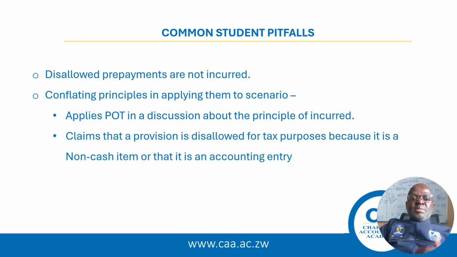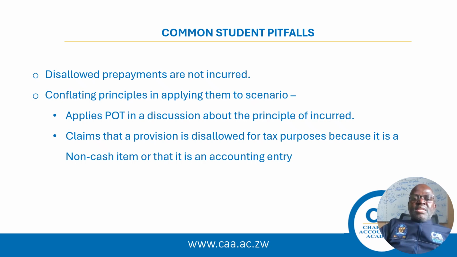You also have claims that a provision is disallowed for tax purposes because it is a non-cash item, such as depreciation. Yes, depreciation is a non-cash item, but that's not a tax principle, whether it is cash or not. The issue is, has it been incurred or not, or can you argue it from the perspective of whether it is capital or not?